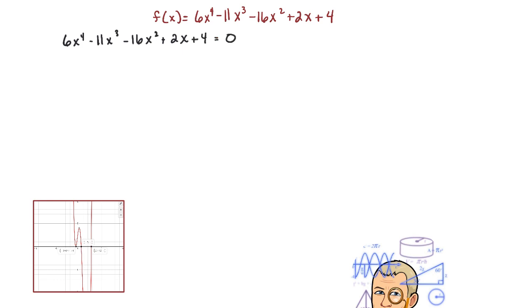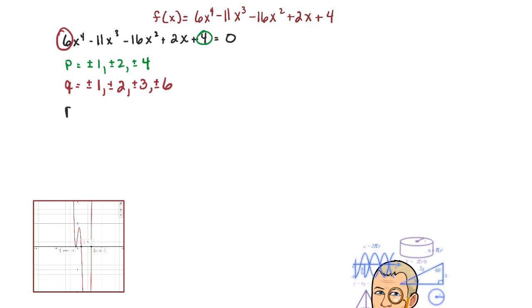Second step, we're going to list all of our possible solutions using the rational root theorem, possible rational solutions. Factors of 6.